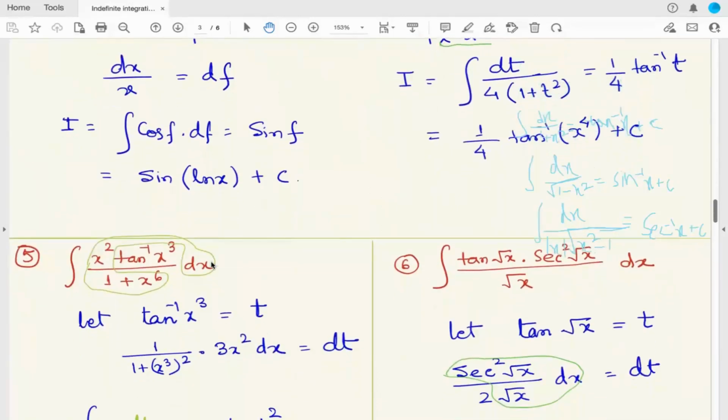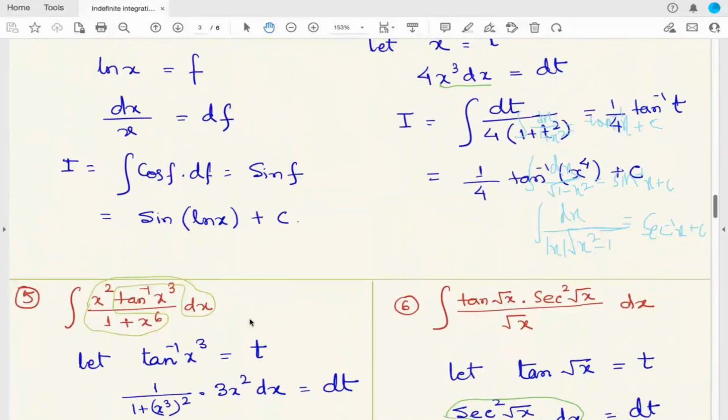Okay, so now let's move to our next problem, another integrand. The fifth question is x square tan inverse of x cube divided by 1 plus x to the power 6. So how to approach this? We know that the differentiation of tan inverse x is 1 by 1 plus x square.